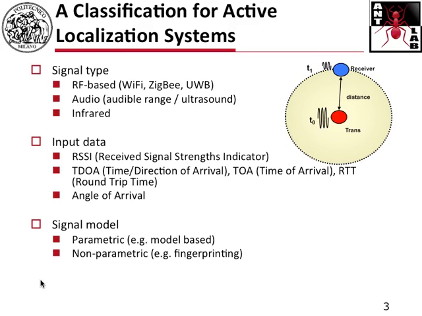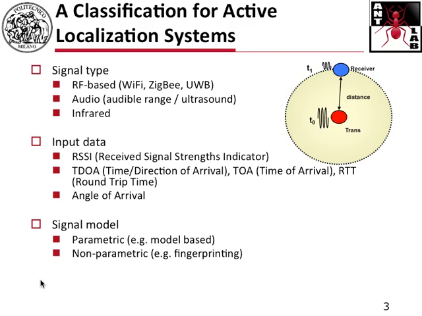Also here there are basically three types of quality measures which you can use. So what kind of input data you want to use to localize. The first and most common one is the RSSI, the received signal strength indicator, so the received power. The second one is the TDOA or TOA, which is basically the time of arrival.